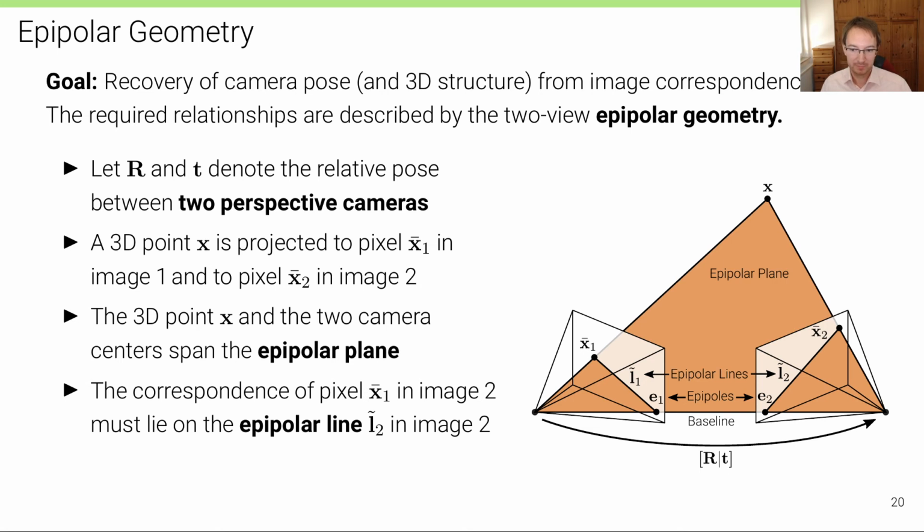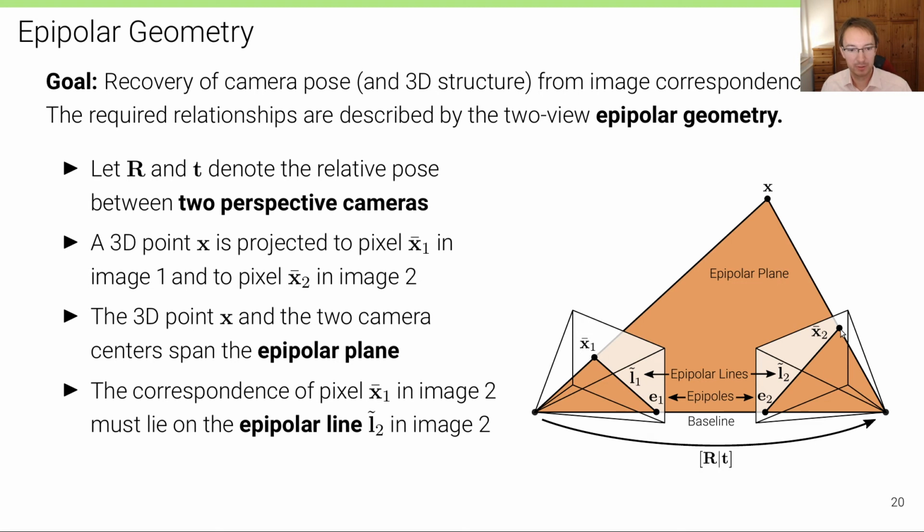And now, one nice property of this epipolar plane is that if we have already recovered that epipolar geometry and we know the epipolar plane, then this restricts the search space when we want to find the correspondence of one particular feature point in the first image in the second image. And why is that? Well, if we have such a point, x bar 1, for which we want to find the correspondence in the second image, we do not have to search through the entire 2D image domain in order to find that point.